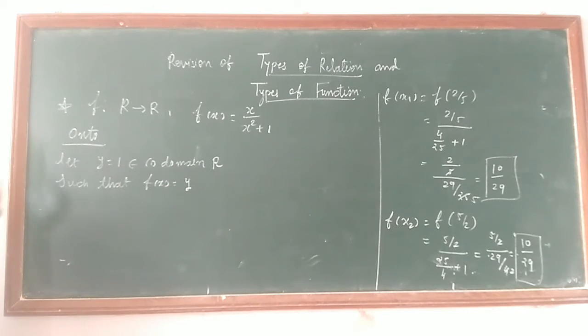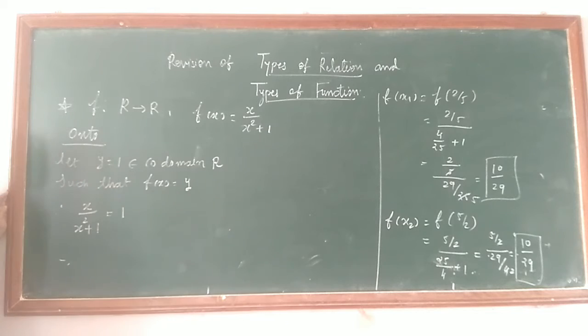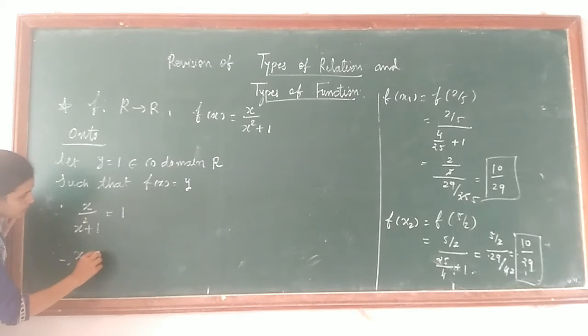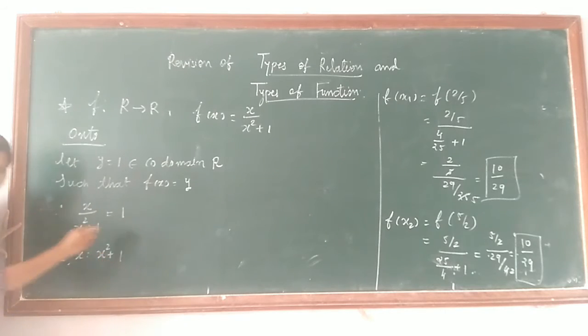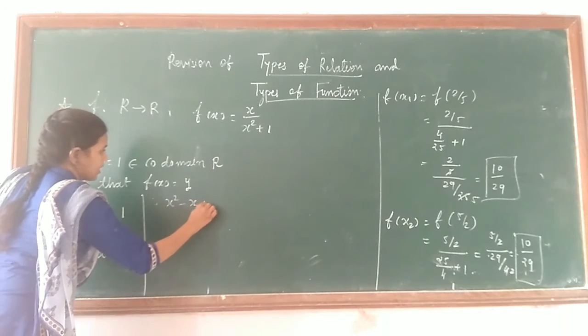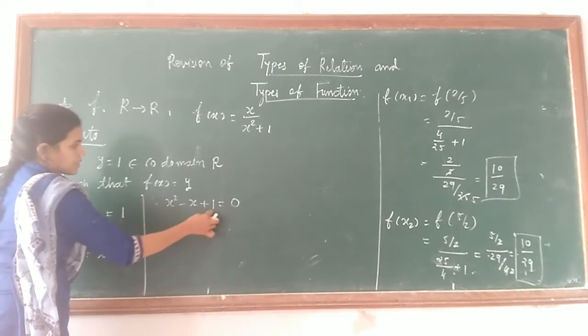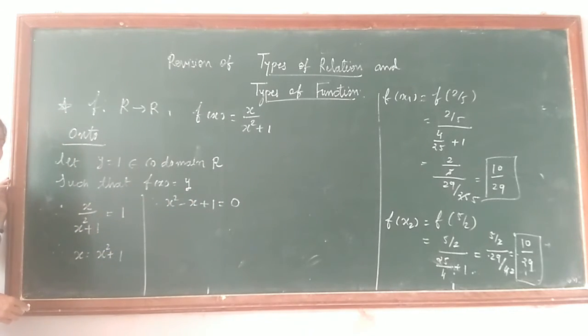We are taking y equal to 1. So therefore we will have x upon x square plus 1 is equal to 1. This gives x is equal to x square plus 1. So this will become x square minus x plus 1 is equal to 0.